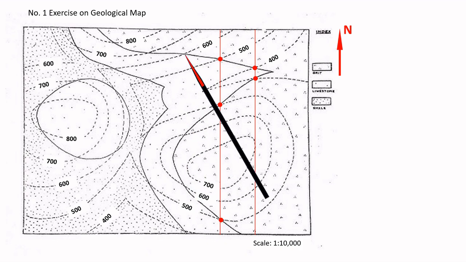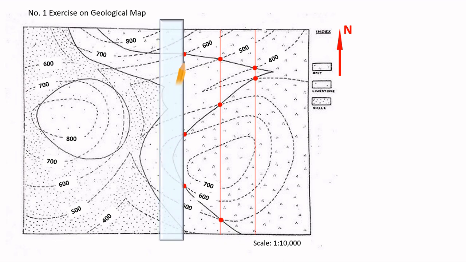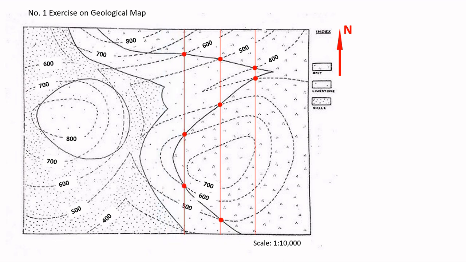One is here, another is here, and another is here. The line joining these points represents the strike at 600 meters. Continue this process for all possible bedding planes and contour intersections across the map, identifying strikes at various elevations.